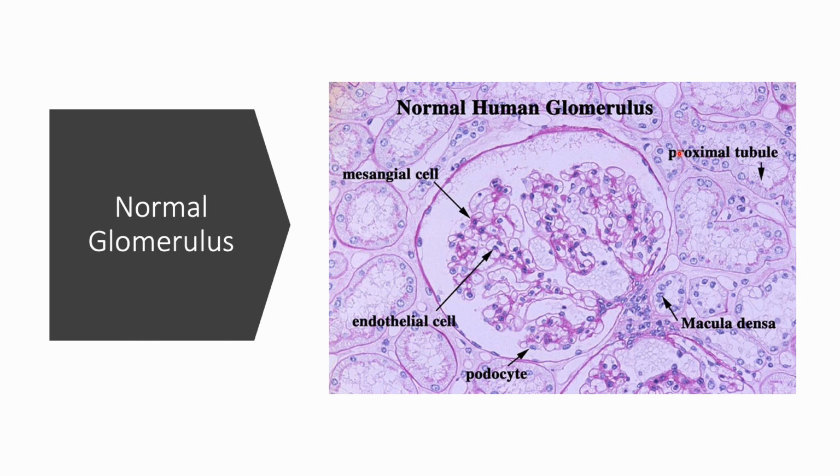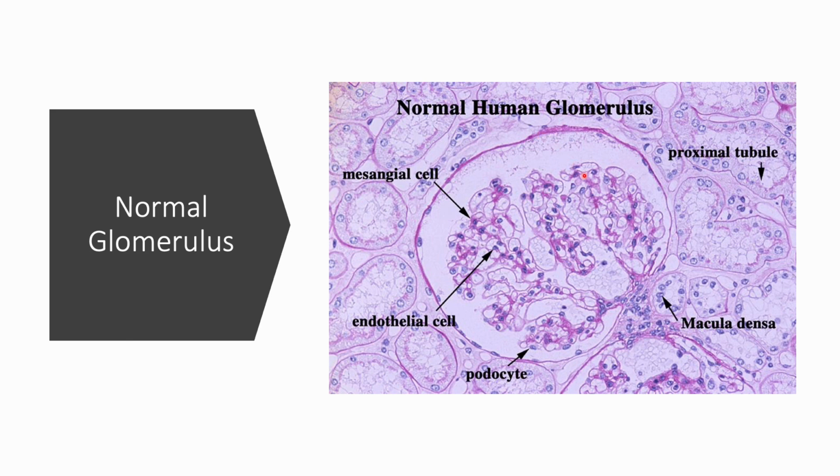Now, you can see here my pointer. This is a glomerulus. This whole thing is a glomerulus. You can see the space here. This is the Bowman space, and the cells that line Bowman space are the renal epithelial cells.